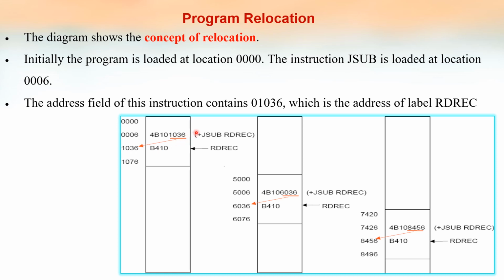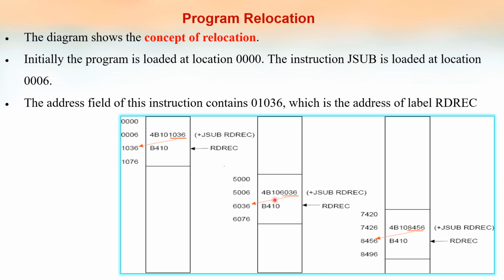Suppose the program starting address is changed to 5000, which means the program is relocated to another location. Maybe the original location is not free, so it is relocated and loaded into another location, for example 5000. Then this instruction will be at 5006, and for the RDREC label, the address is 6036. So in the instruction, that change has to be made to 6036.